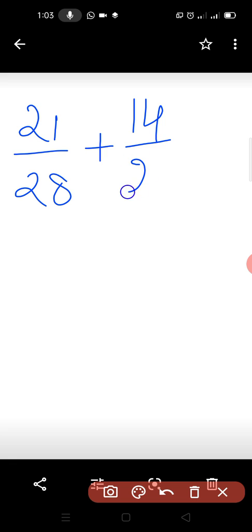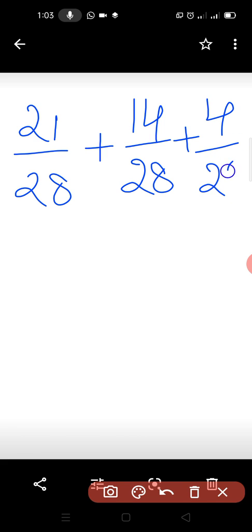Now 21 by 28 plus 14 by 28 plus 4 by 28. These are like fractions because the denominators are the same.